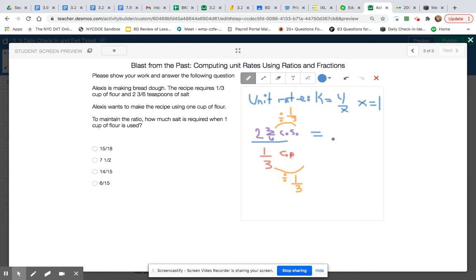I'm going to have my 1, which I want, cup of flour, but now I'm going to have my 2 3/6, 2 3/6 divided by 1/3.